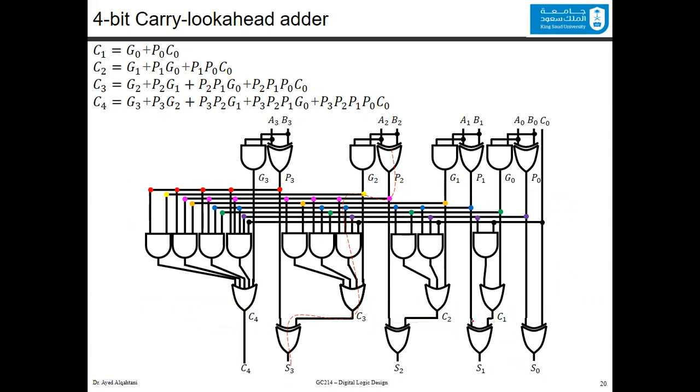So let's focus on this. For C1, you get G0 or C0 ANDed with P0.